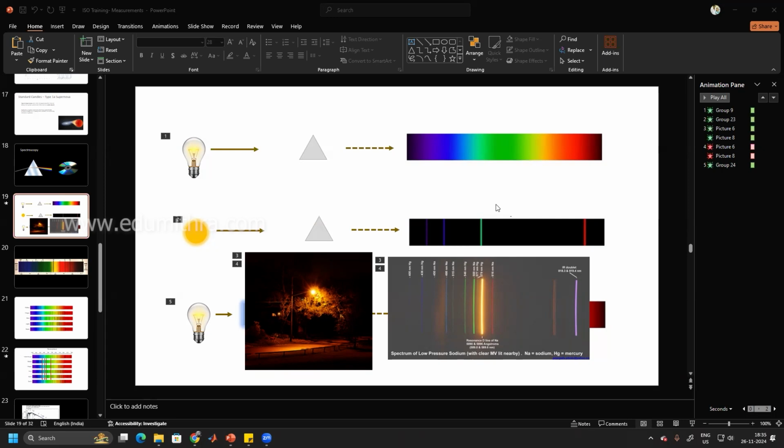Now, why the dark lines? When we analyze the light that is coming from a hot gas, or light that is passing through a cold gas, it is not just a continuous light, but there are some missing dark lines.